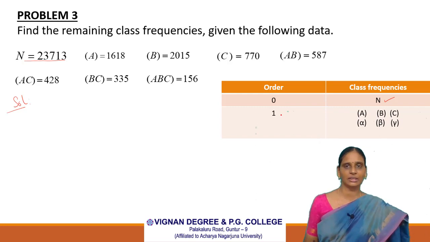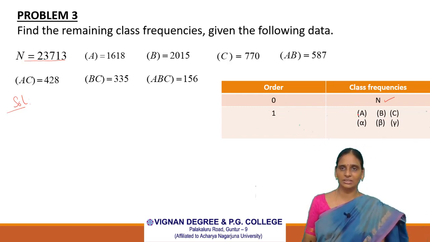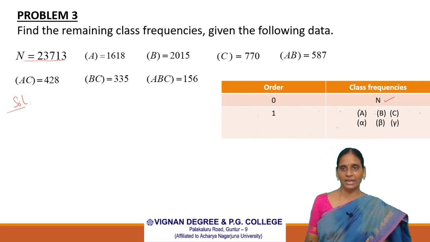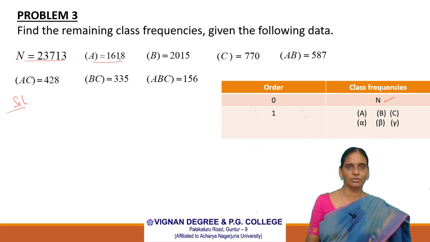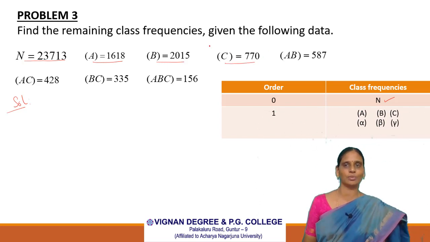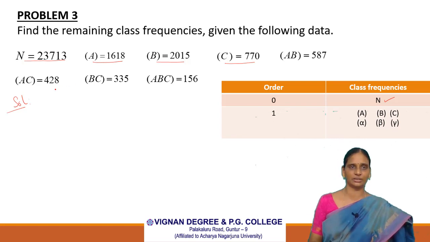In the first order, the class frequencies are frequency of A, frequency of B and frequency of C. So again these 3 class frequencies, that is frequency of A value, frequency of B value and frequency of C value also given in the problem. And the remaining class frequencies in the first order, those are frequency of alpha, frequency of beta and frequency of gamma. Here we calculate these class frequencies in the first order.